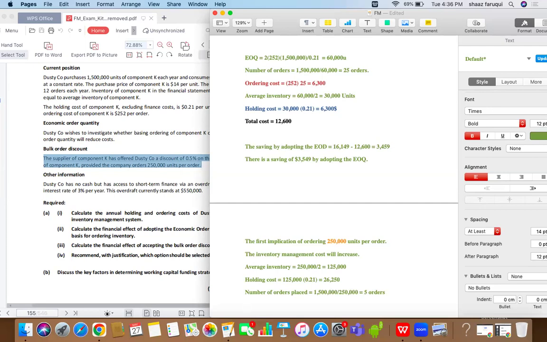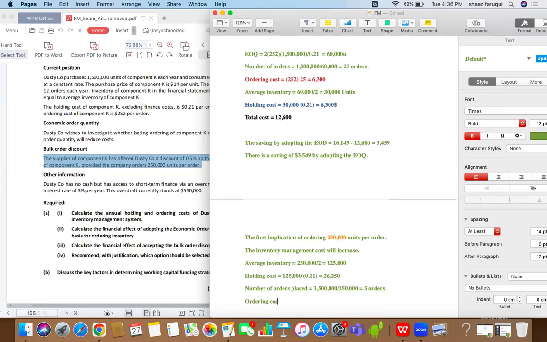Therefore, the ordering cost will be 252 into 5. Is it 1,260? 252.